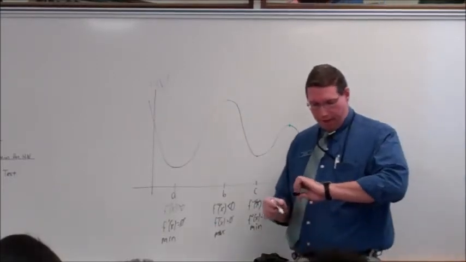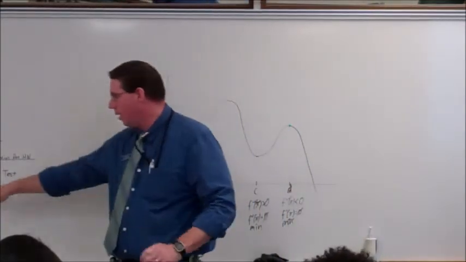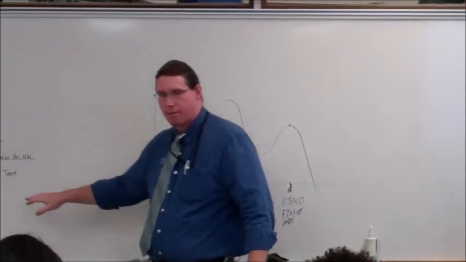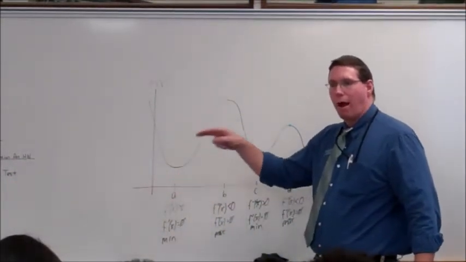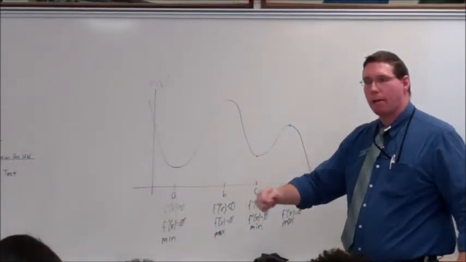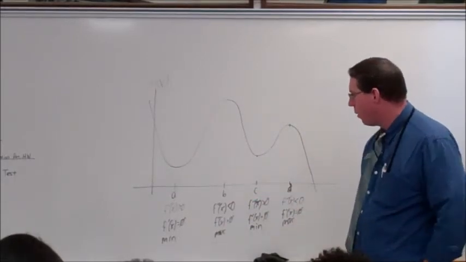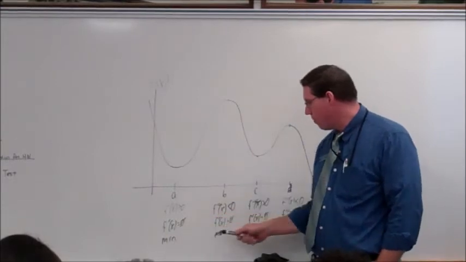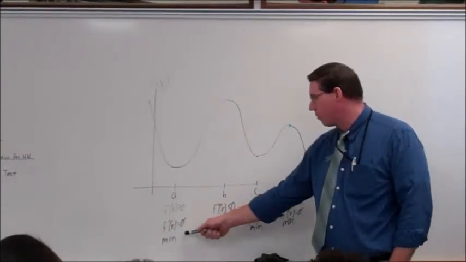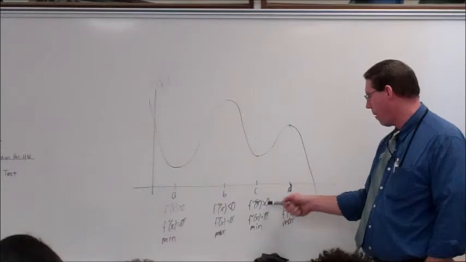This is the second derivative test for identifying relative minimums and maximums. Now I want you to look very closely. I want you to compare whether it's a minimum or a maximum to its second derivative. Tell me if you notice a pattern.